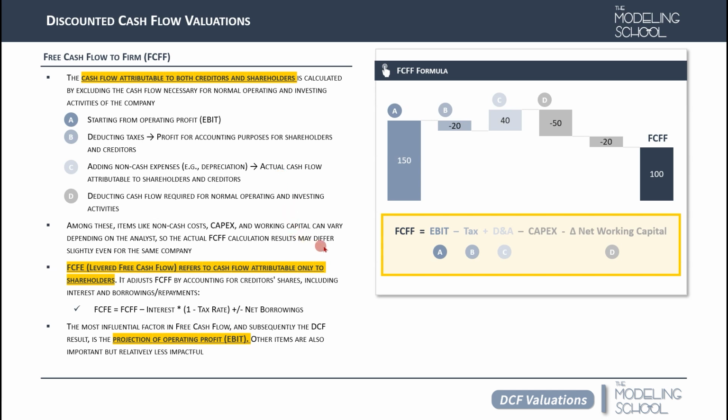So if you're going to equity value anyways, you might as well just use FCFE, discount it to cost of equity, and you're going to get to equity value straight away. But if you use free cash flow to the firm, what you have to do is discount free cash flow to the firm using weighted average cost of capital. You get to enterprise value.